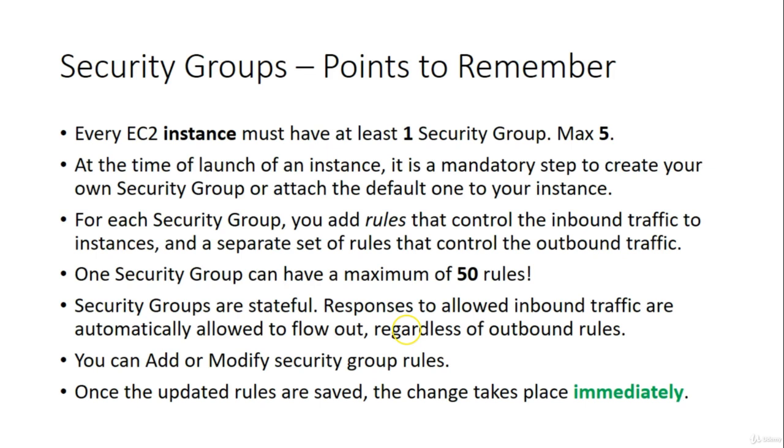For each security group, you add rules that control the inbound traffic to the instance and a separate set of rules that control the outbound traffic. One security group can have a maximum of 50 rules. Remember, 50 rules are allowed for one security group.